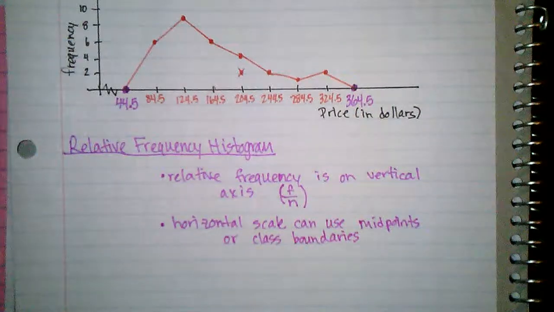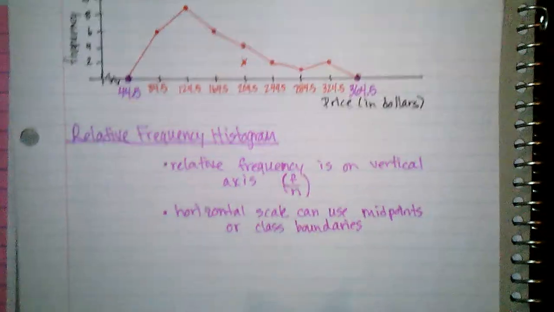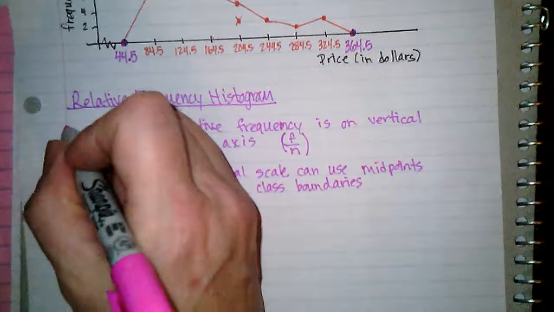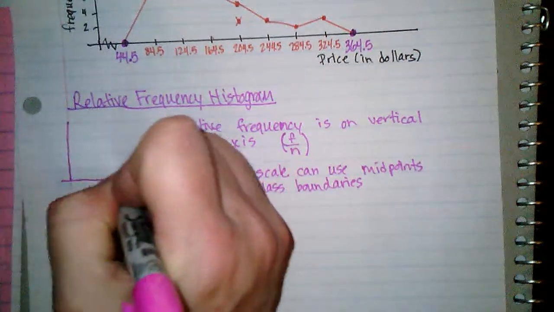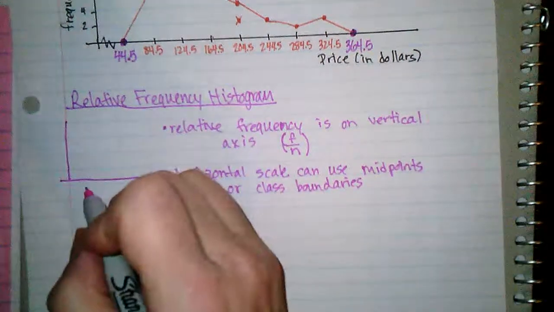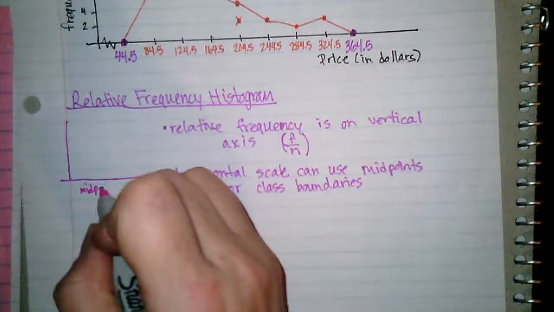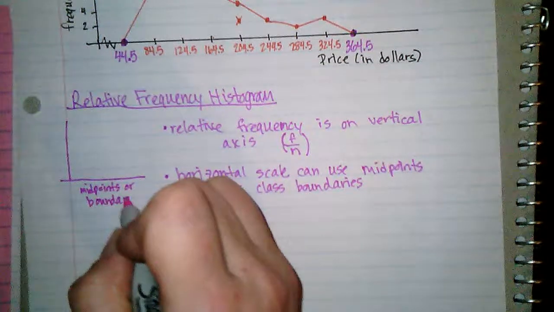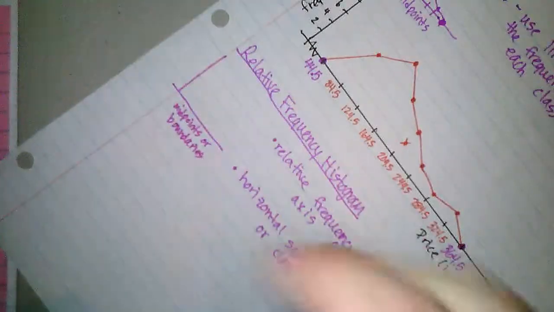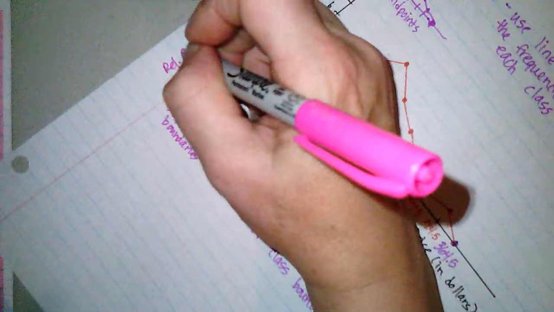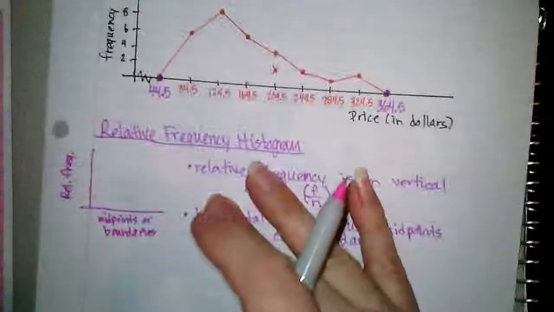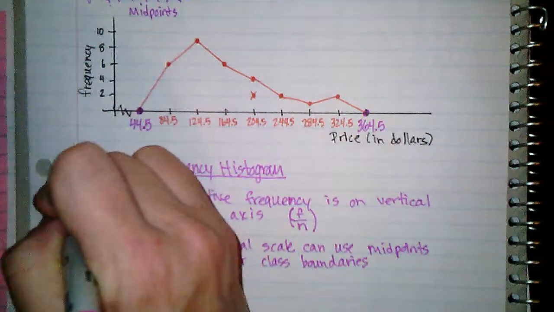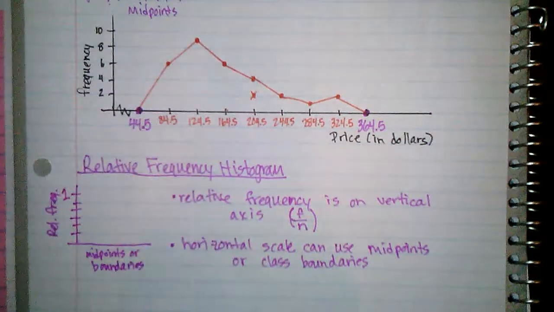Let's only do one of them, just in the interest of saving time. So for a relative frequency histogram, the general shape is that we will have either midpoints or boundaries along the horizontal axis and relative frequency on the vertical axis, which means the highest it could possibly go is up to 1.